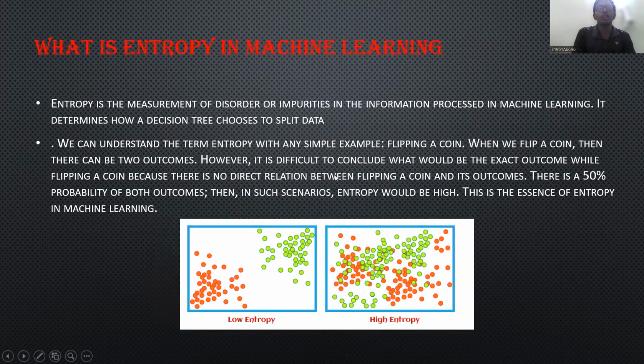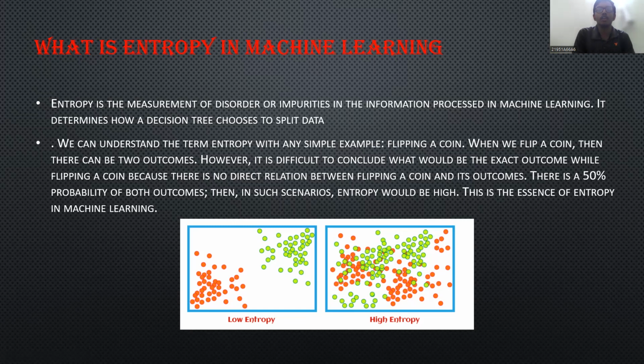What is entropy in machine learning? Entropy is the measurement of disorder or impurities in the information processed in machine learning. It determines how a decision tree chooses to split data. We can understand the term entropy with a simple example: flipping a coin.